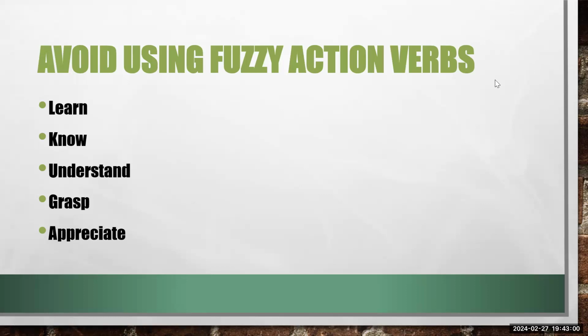Because they're not specific enough. They're too general, and so they're not describing or explaining in enough detail. Very good. Those action verbs are not measurable. Remember I said earlier, the first characteristic for a good outcome is that it has to be measurable.